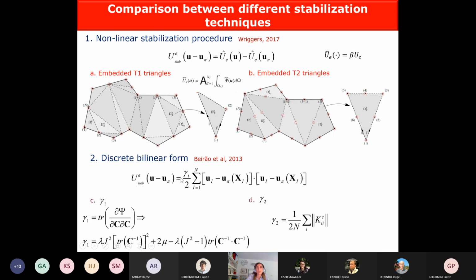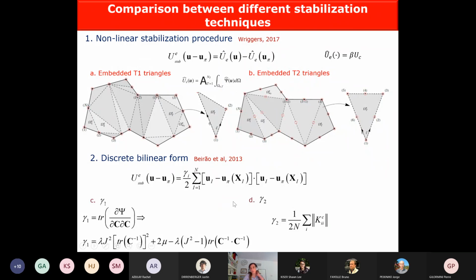The second strategy for the stabilization is the so-called discrete bilinear form that was introduced by Beirao in a paper in 2013 and then often used in different contributions. So the idea is that this function is approximated by this expression, a bilinear form including the difference between the U evaluated in the nodes of the element and UP evaluated in the same node.